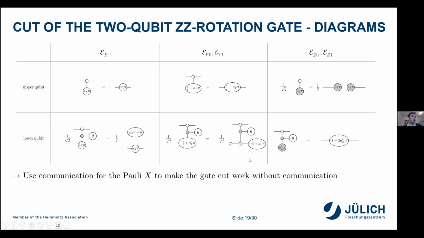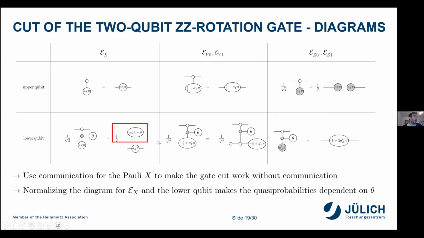If I would use communication for the Pauli Y, I would need to take this measurement result and communicate it to the upper qubit to decide the rotation angle. So we decided to use communication for the Pauli X here, because it's just two gates, and then the gate cutting protocol will not require communication.